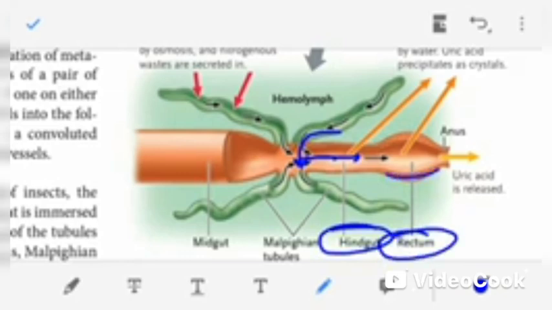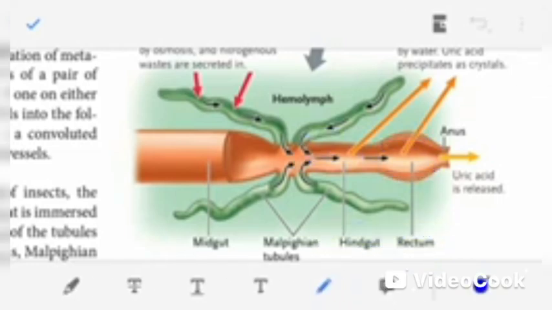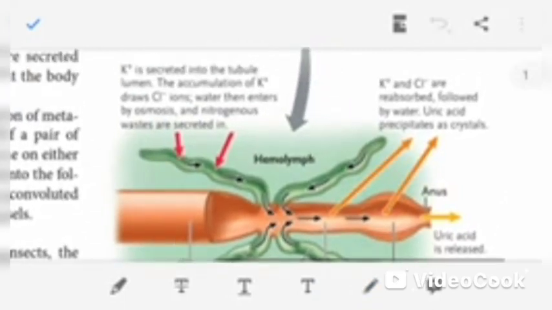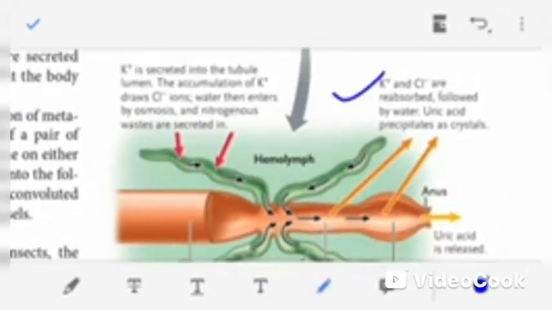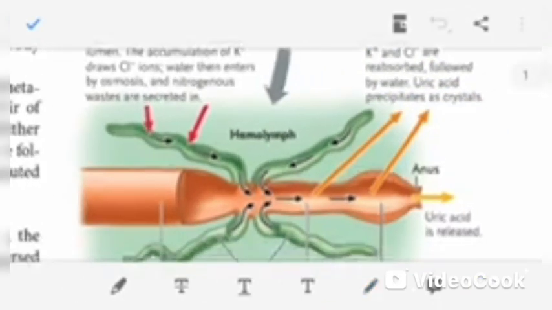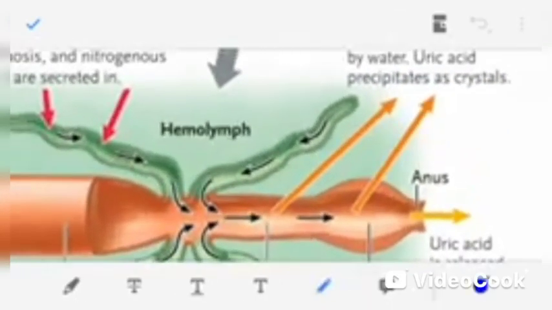Finally, they reach the rectum, and the wall of the hindgut and rectum, the cells are reabsorbing some of the substances. So K plus is reabsorbed, Cl minus is reabsorbed, water is also reabsorbed, but uric acid is not absorbed. So as uric acid is present over here, uric acid precipitates as a crystal.